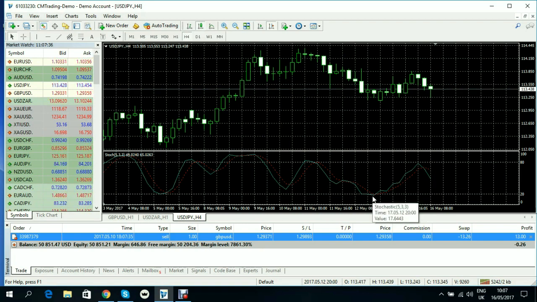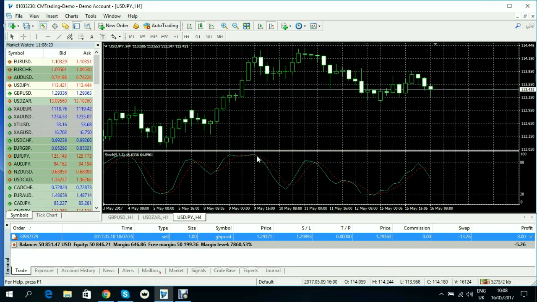That is, it's not too accurate for entering and exiting trades, but it is very, very helpful in terms of telling us if the price is oversold or overbought, and it also helps us determine whether the trend is going up or going down.